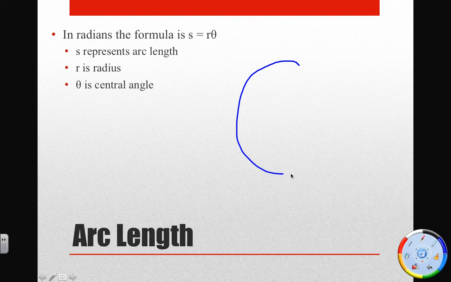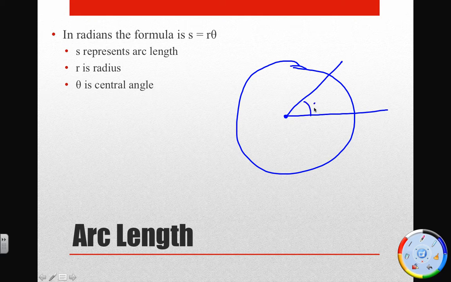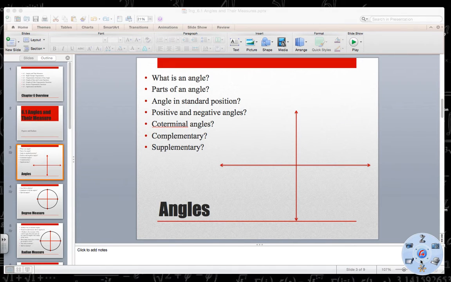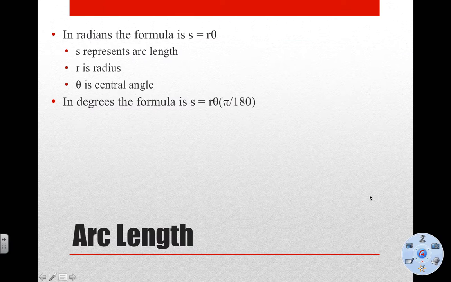So if we were to look at basically a circle, if I was to cut this with an angle, here's my theta, here's my R, and here's S. So the length of this arc is what we would be finding. If your theta is already in radians, please make a note of this.